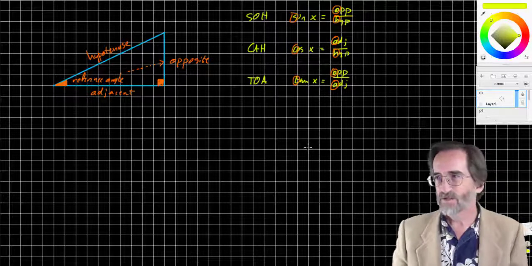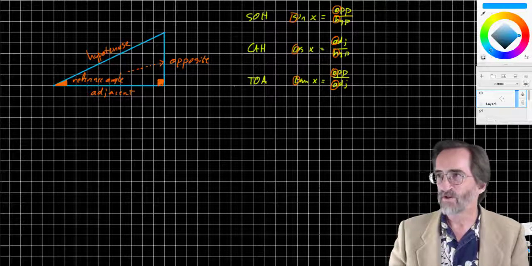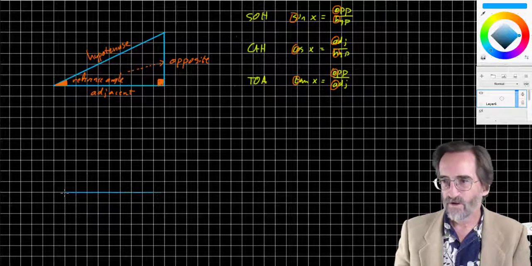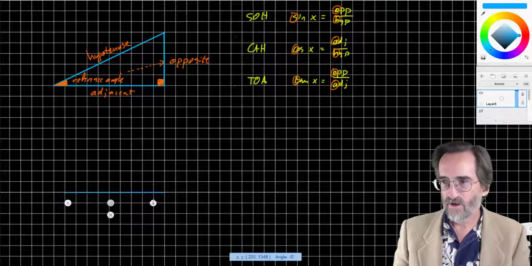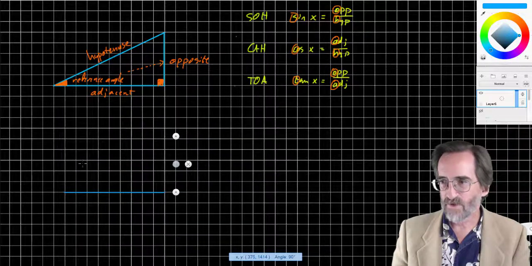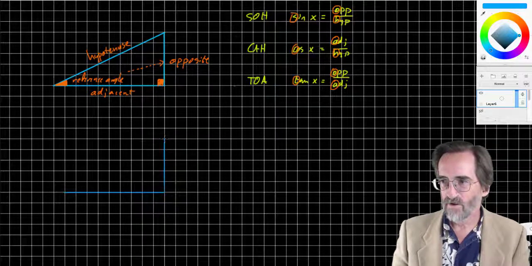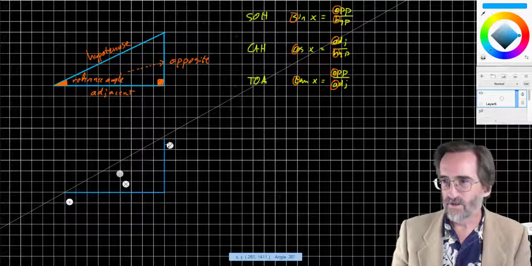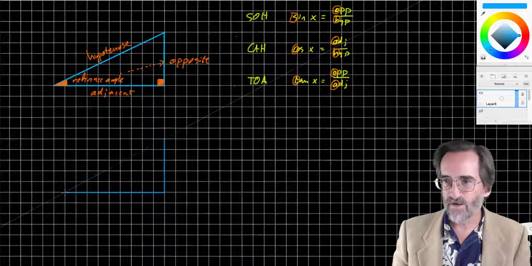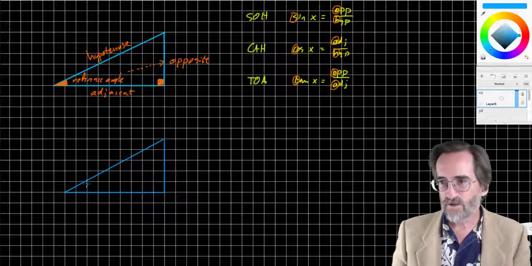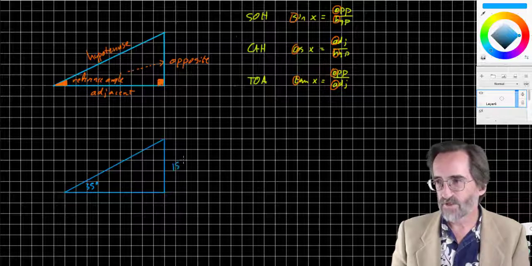Okay, so let's say I've got some right triangle here, and we've got a right triangle. And here we go. And this time I tell you this angle is 35 degrees and this is 15 inches.